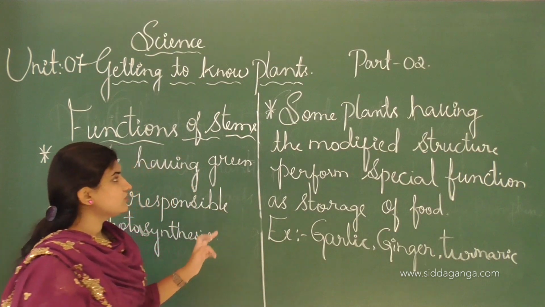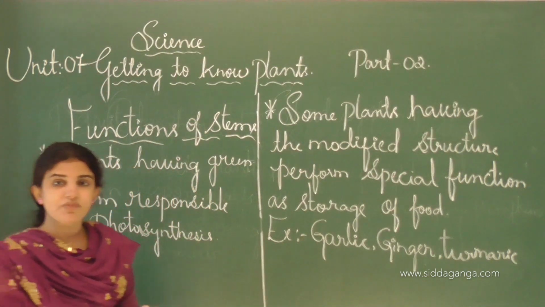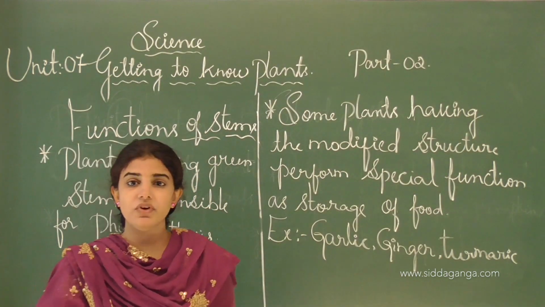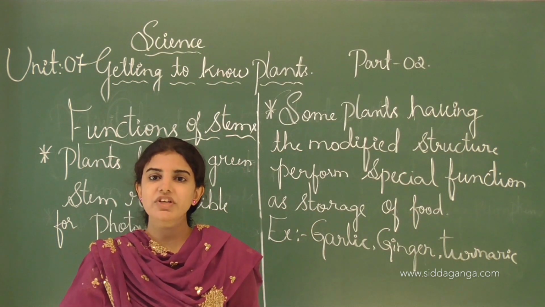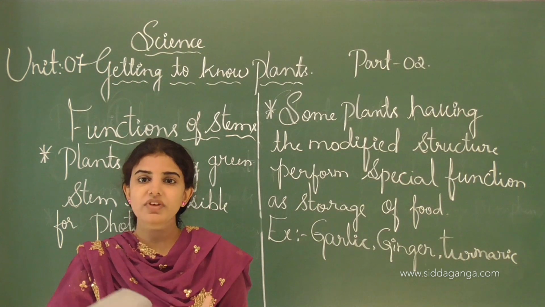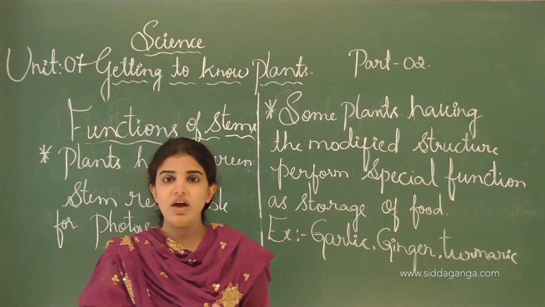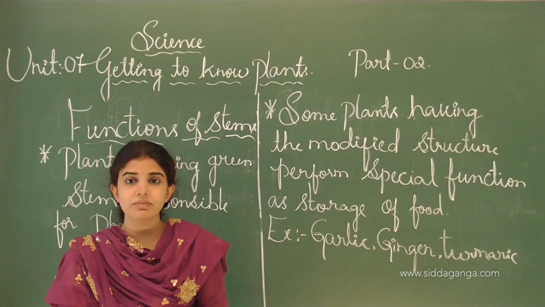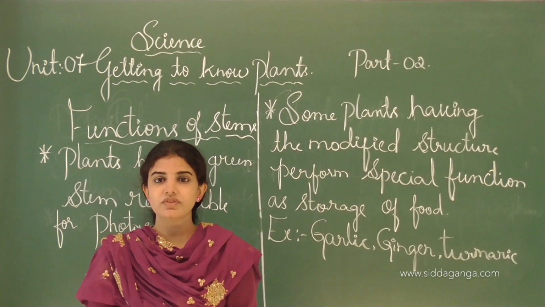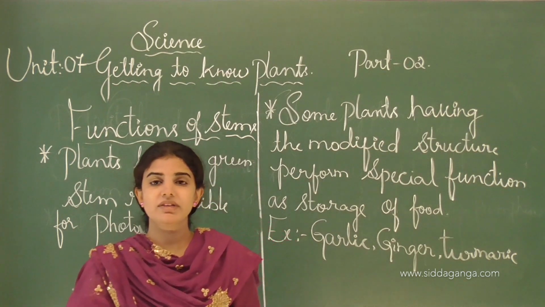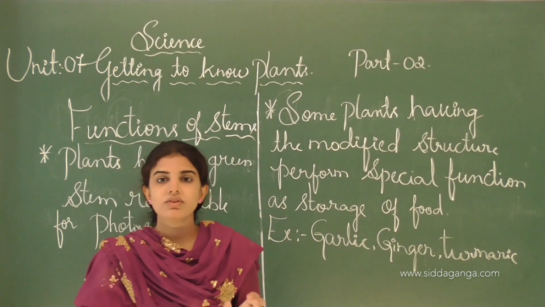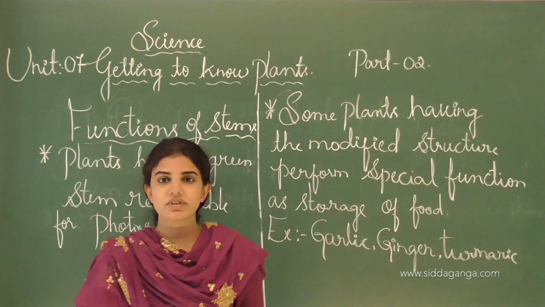And the next one is that some plants have a modified structure which is responsible for the storage of food items. The modification in the behavior of a plant will help us to keep the storage of the food. Examples are garlic, ginger, as well as turmeric. These are a few examples of a storage stem.